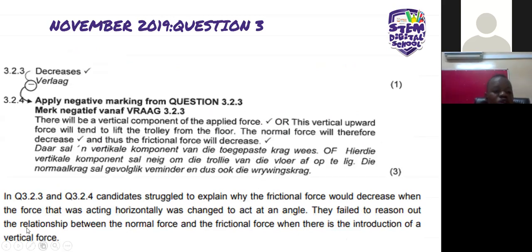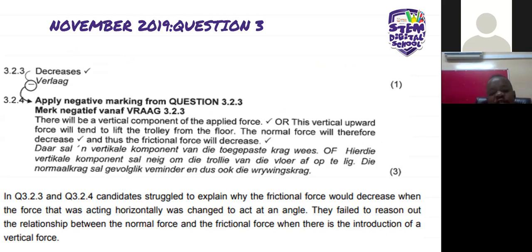Right, what are some of the common mistakes? In questions 3.2.3 and 3.2.4, candidates really struggle to explain why the frictional force would decrease when this force starts to act at an angle, because they don't understand how the vertical component influences the normal force.